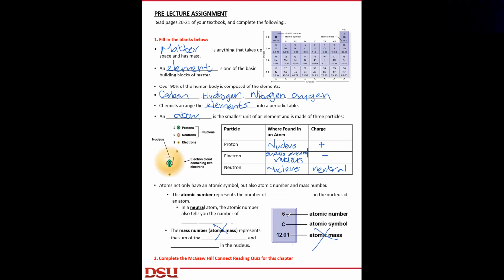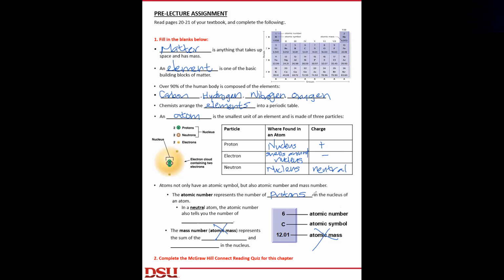The atomic number shows the number of protons in the nucleus. The atomic number is super important because if you know the atomic number, you know what element you're dealing with. So in other words, this element here is carbon. Carbon has an atomic number of 6, meaning it has 6 protons in the nucleus.